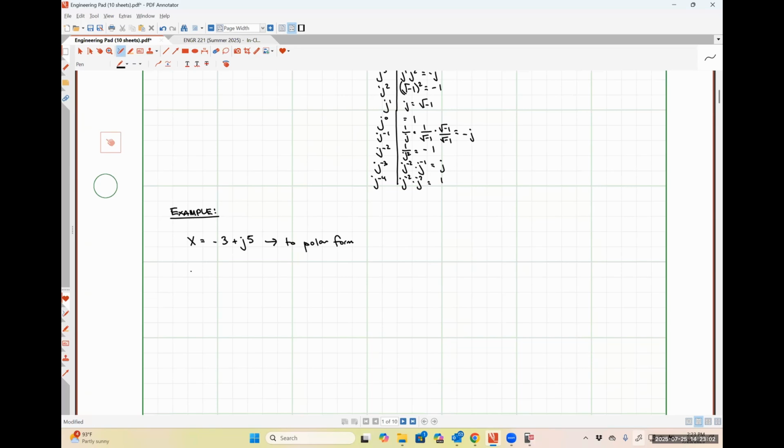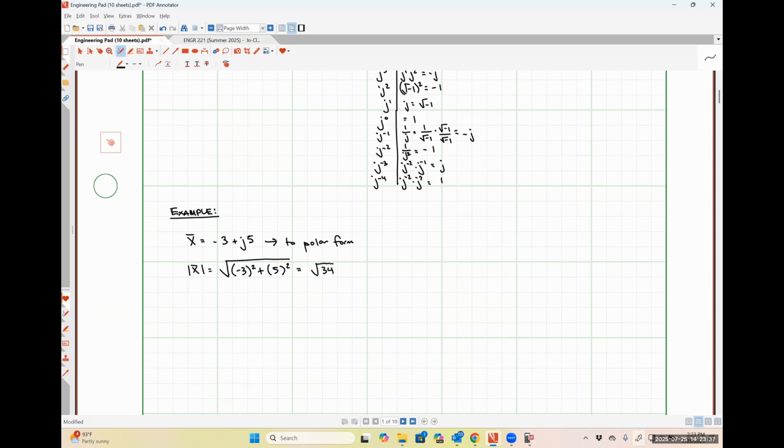So this is a two-step process. The first thing we have to figure out is what the magnitude of x is going to be. So that's simply going to be the square root of -3 quantity squared plus 5 quantity squared. And so if I throw that into my calculator, I wound up getting the square root of 34.